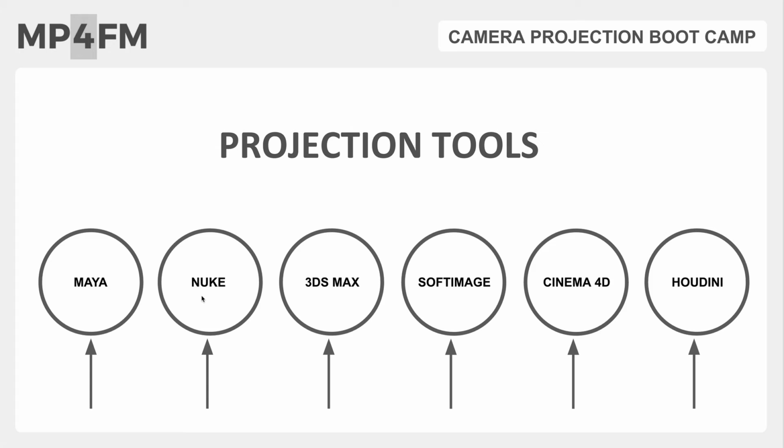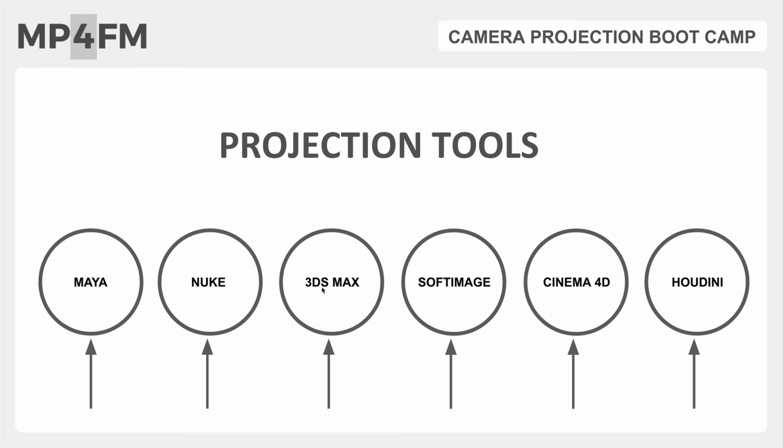The reason is because Nuke has such an amazing package for projections, and most of the time you can use Nuke. But if it's getting more and more complex and the geometry is much too heavy for Nuke to handle, because Nuke is actually a compositing package that has projection capabilities, then you need to go into a full 3D application such as Maya and 3D Studio Max.